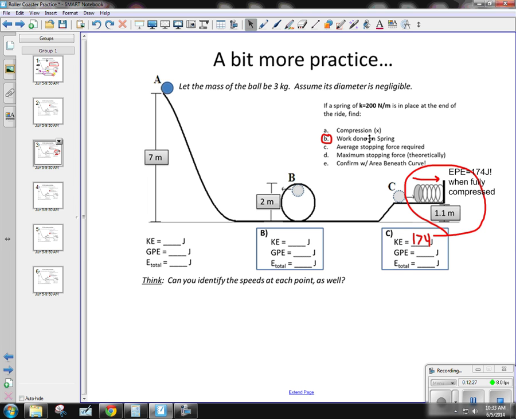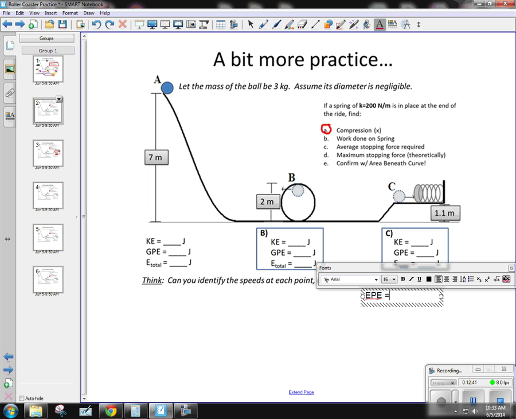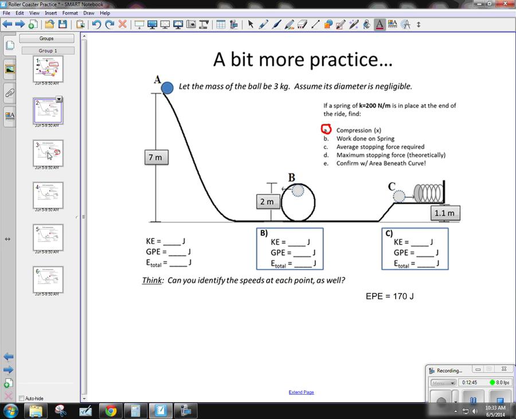That's that work energy theorem that we've talked about before. The idea that work and changes in energy are the same thing. They're equivalent to each other. So if we know that the elastic potential energy is, how much was it? 174 joules?